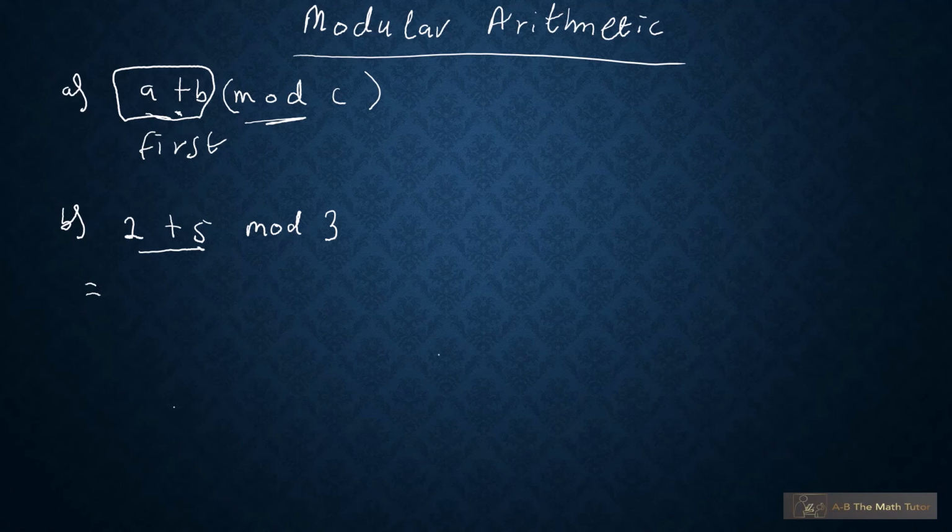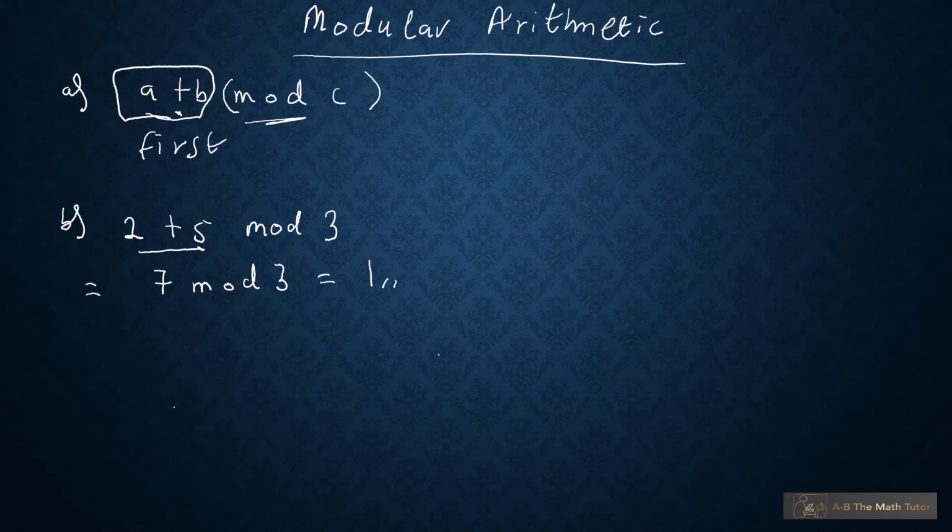So 7 mod 3 would be 1, because 7 divided by 3 will be 2 remainder 1. So your final answer will be 1.